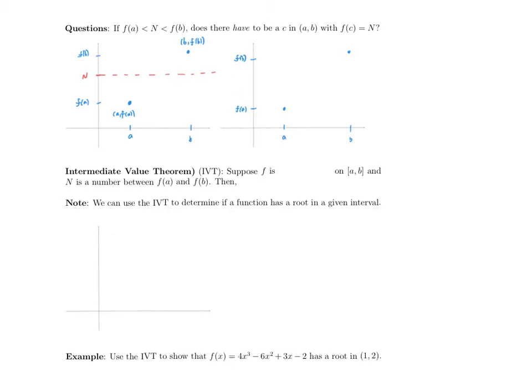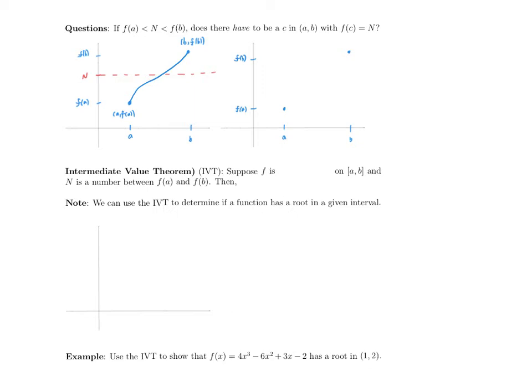And hopefully you've thought about this for a moment. And the answer is it might, but does it have to? And unless we add in some extra hypotheses, it does not have to cross that line. So let me draw kind of the generic example where it does. I start at a comma f of a, and I just draw the graph of some function connecting up to that point b comma f of b.